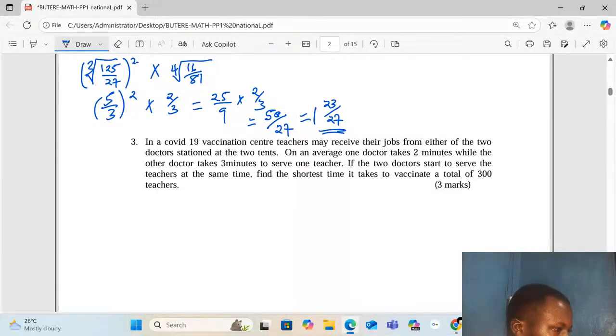So after 6 minutes, those two doctors can at least serve teachers at the same time, because one is taking 2 minutes, the other one 3 minutes. So you can take 2 times 3. So we are having 6.